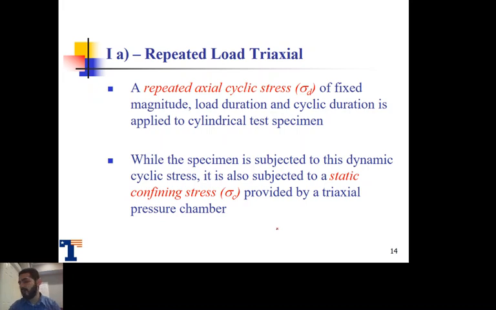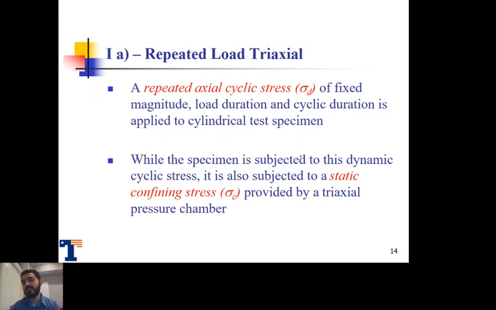So the way we do it here, we apply a repeated axial cyclic stress, which is sigma d, at a fixed magnitude, so it's a fixed loading, and the load duration again is 0.1 second. The cyclic load is applied to a cylindrical sample. Typically, we take a cylindrical sample from the field, or we manufacture it in the lab, and that's what we apply the testing to.